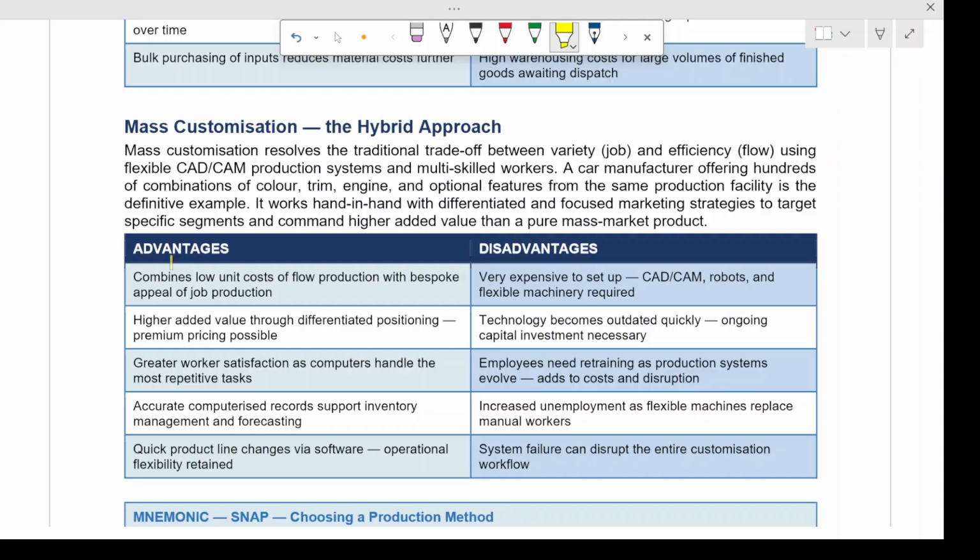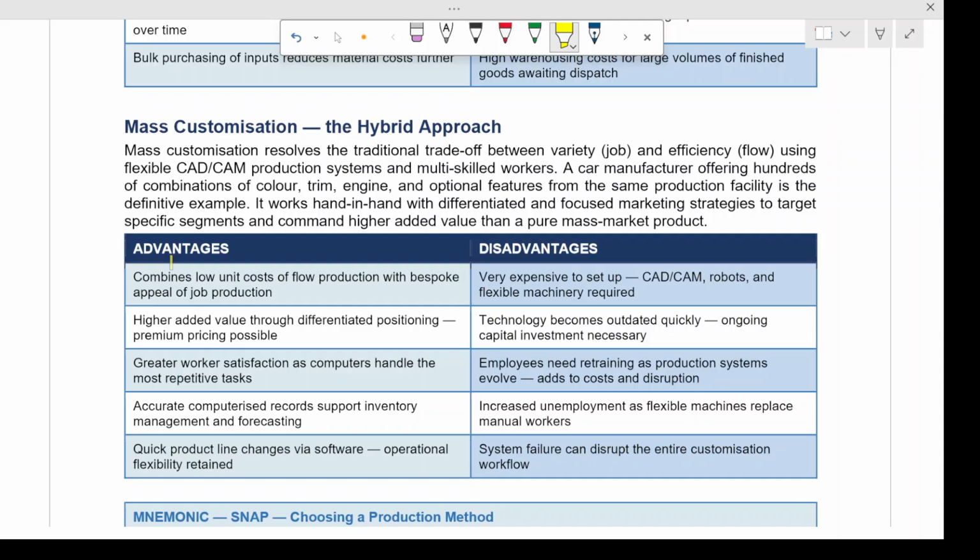The car would be colored white, the rims would be colored gray, and the interior would have to be made separately, in a different color, while the entire body of the car and the rims are being made, and then it would be added to the car. So it would have the benefits of both flow production and job production.